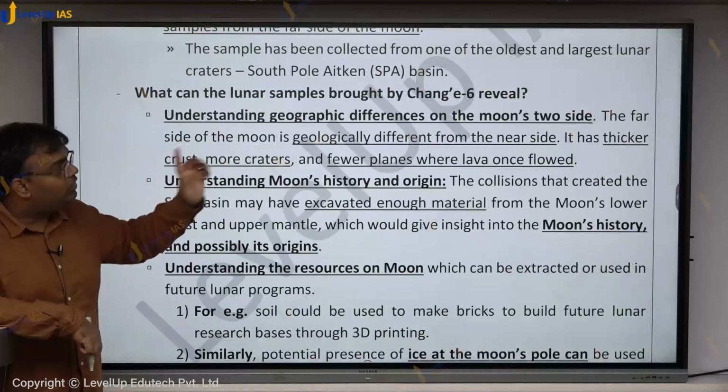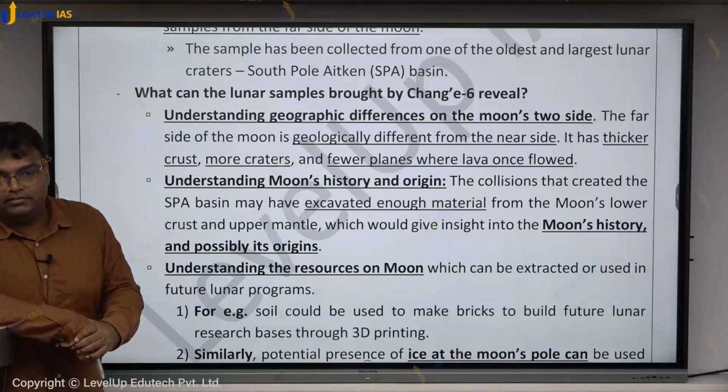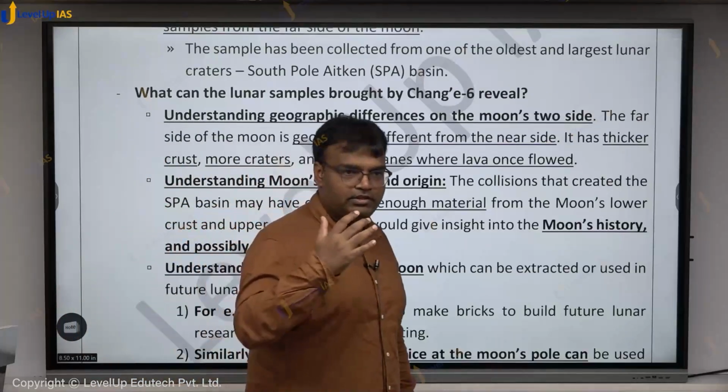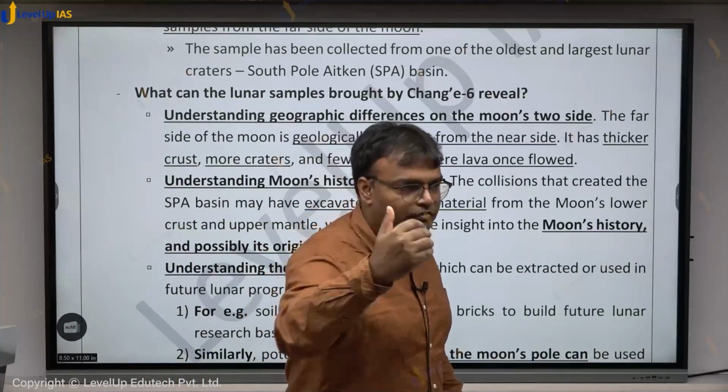Understanding the geographic difference on the moon's two sides. देखो, the two sides of the moon are different. One side is always facing the Earth, the other side is always away from the Earth.